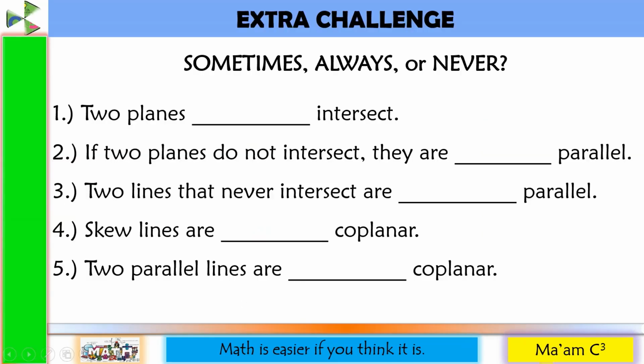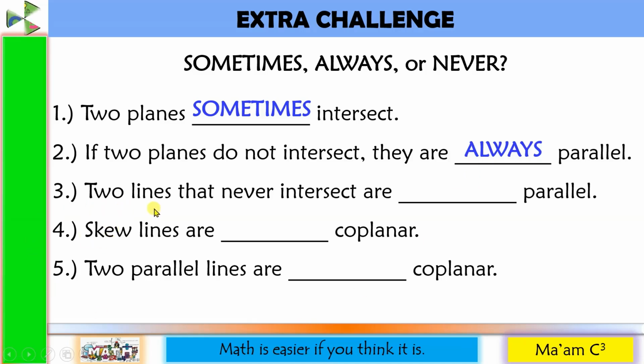Let us do an extra challenge: sometimes, always, or never. Number 1, two planes blank intersect. This is sometimes. Number 2, if two planes do not intersect, they are sometimes, always, or never. They are always parallel.